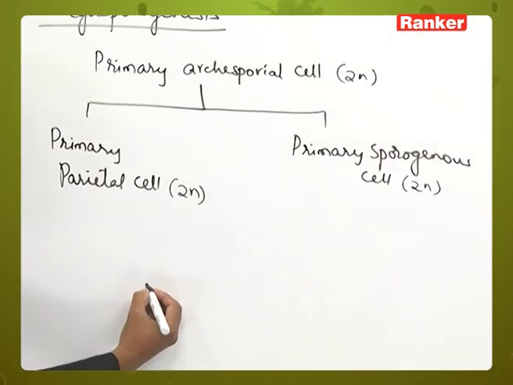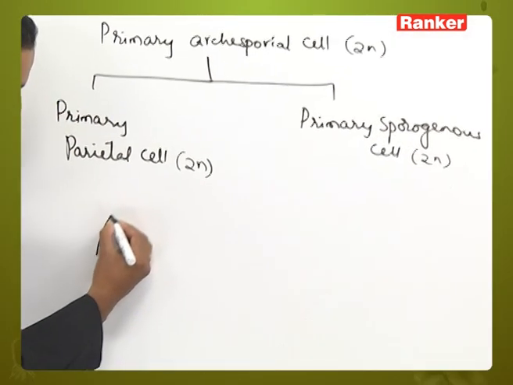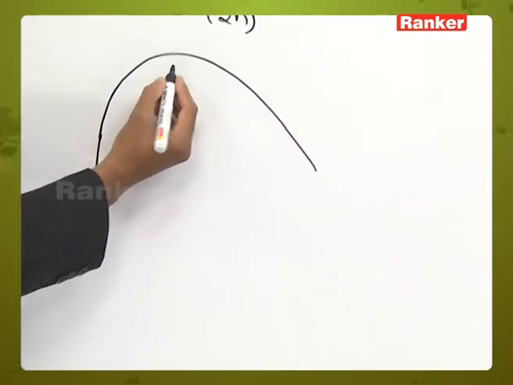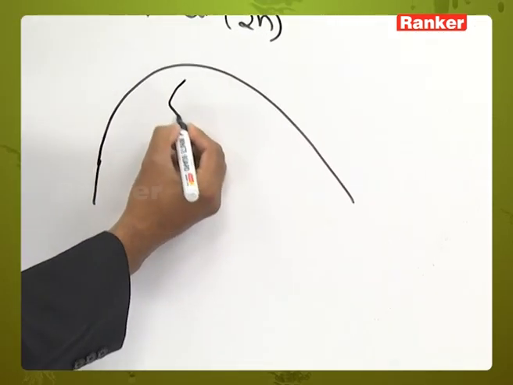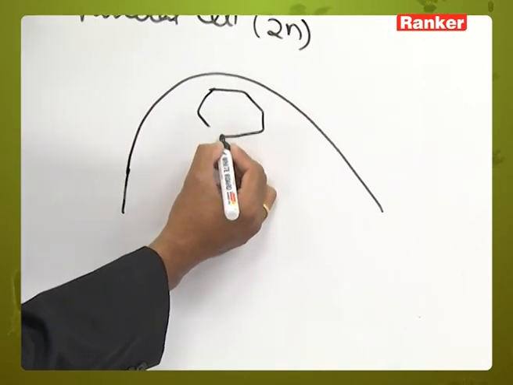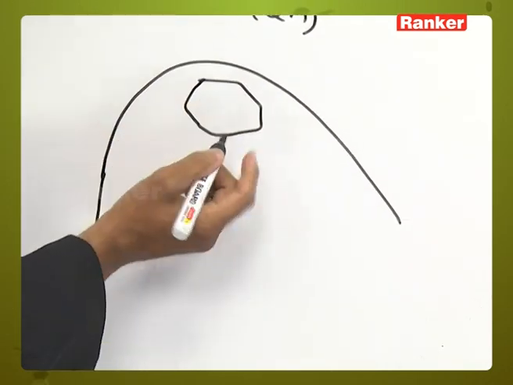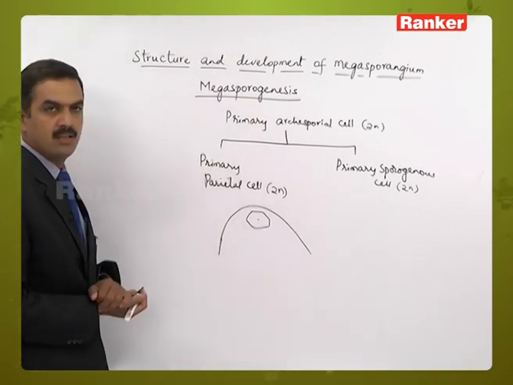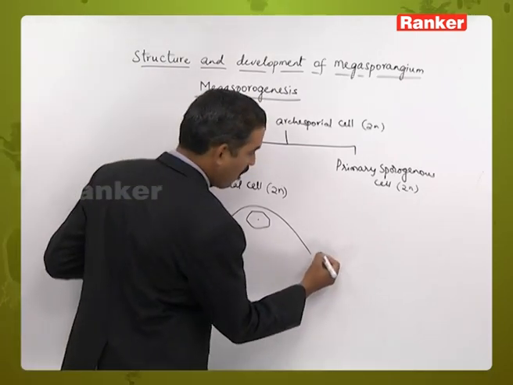If you take the diagrammatic representation, this is the nucellus tissue. One of the cells becomes larger, that is the primary archesporial cell. This primary archesporial cell will undergo mitotic division to form two cells.